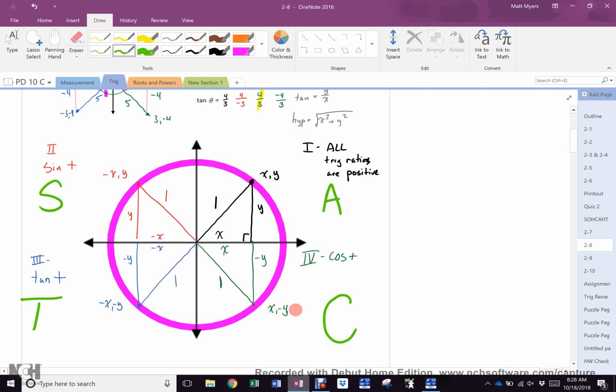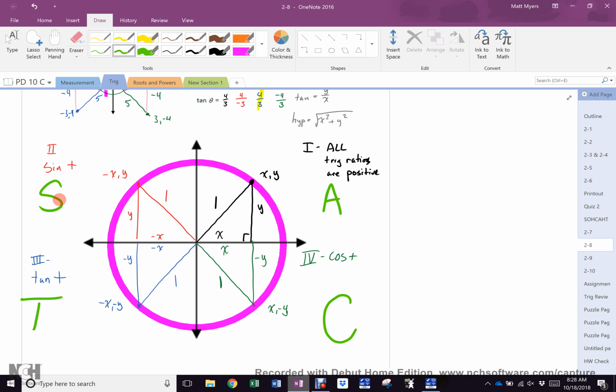And if you go counterclockwise, you get the word CAST, which will tell you if you have a positive sine, you are dealing with either all or quadrant 2 for sine. Everybody good? If you have a positive tan, what 2 quadrants can you be dealing with? 3 and 1. If you have a positive cosine, what 2 are you dealing with? 1 and 4. Everybody cool?